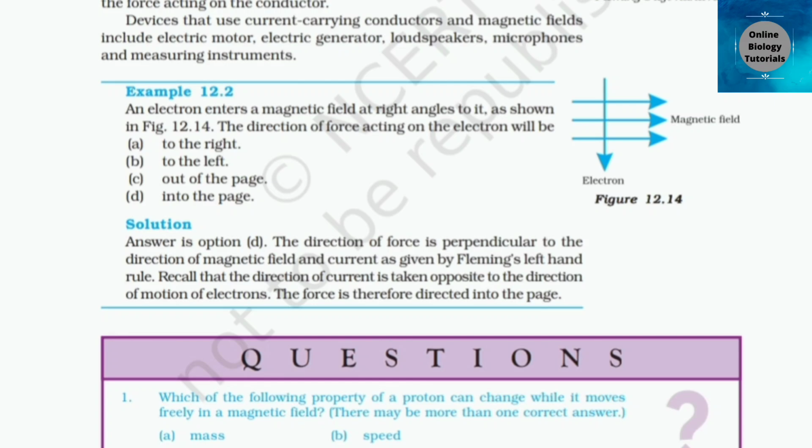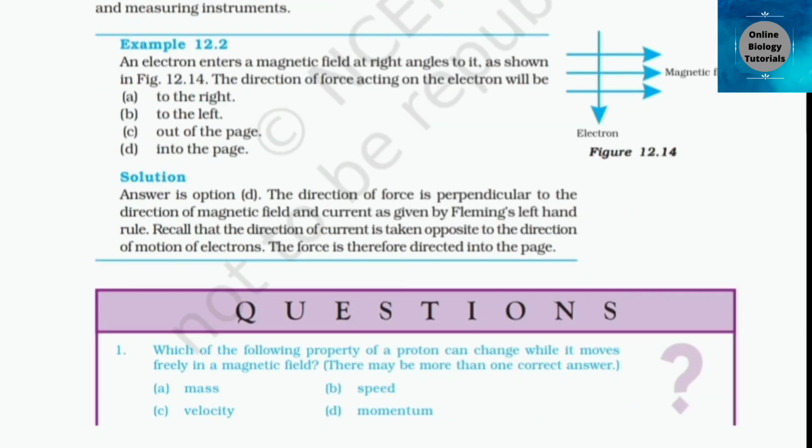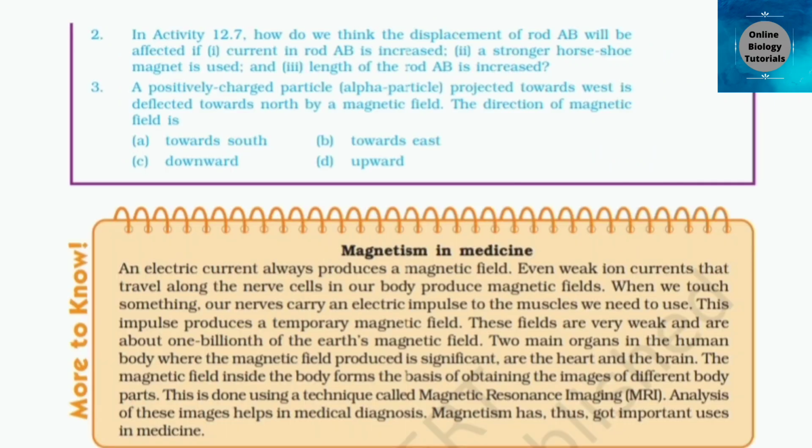Questions. 1. Which of the following property of a proton can change while it moves freely in a magnetic field? There may be more than one correct answer. A. Mass. B. Speed. C. Velocity. D. Momentum. 2. In activity 12.7, how do you think the displacement of rod AB will be affected if I, current in rod AB is increased, II, a stronger horseshoe magnet is used, and III, length of the rod AB is increased? 3.